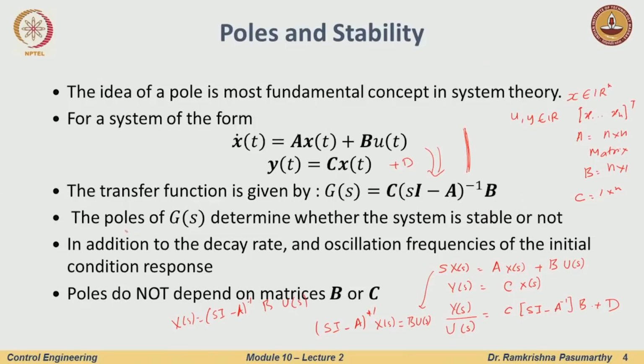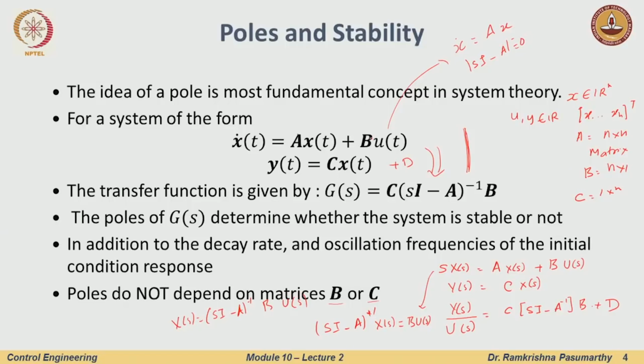The poles determine whether a system is stable or not, in addition to the decay rate and oscillation frequencies of the initial condition response, right? So it talks about stability, it also talks about the transients, the decay rate, and the frequency of the oscillation in terms of omega d. Decay rate is determined by zeta, and what is important to note here is that the poles do not depend on B or C. Therefore, if I just say I want to analyze x dot equal to Ax, the autonomous system, the characteristic equation will just give me the poles, sI minus A equal to 0.